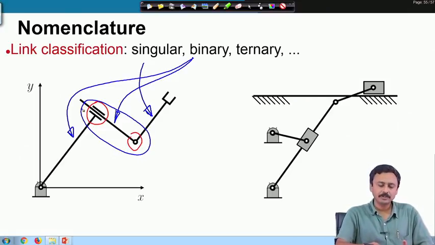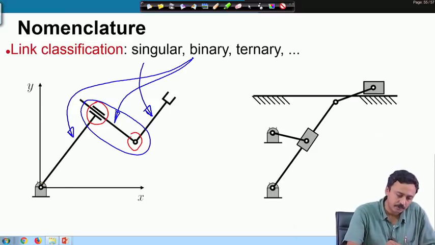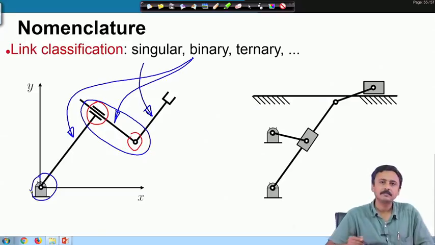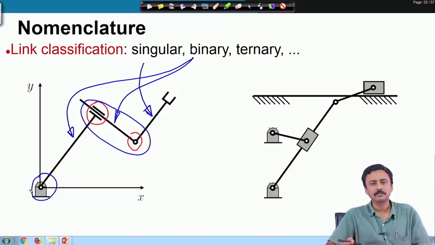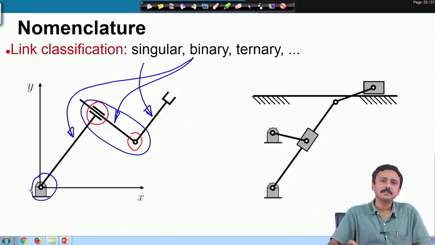Even the ground is a link, it is a rigid body. How many connection points do we have in this mechanism with the ground? There is only one. There is only one connection point to the ground. Ground is also a link in a kinematic chain. So, ground here is a singular link.